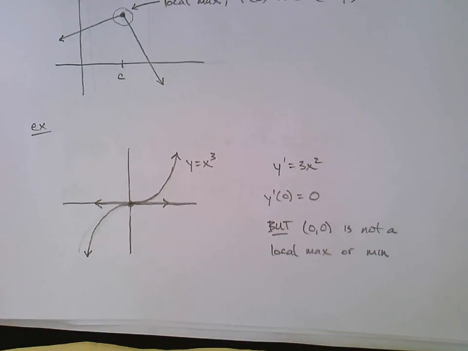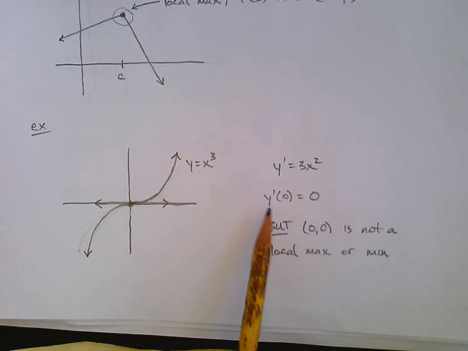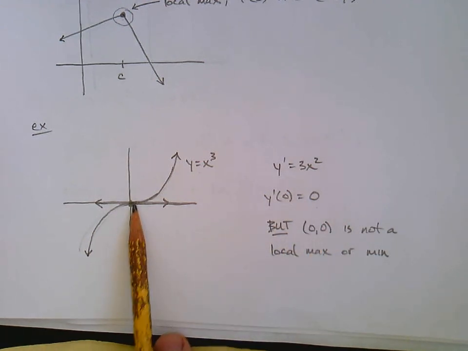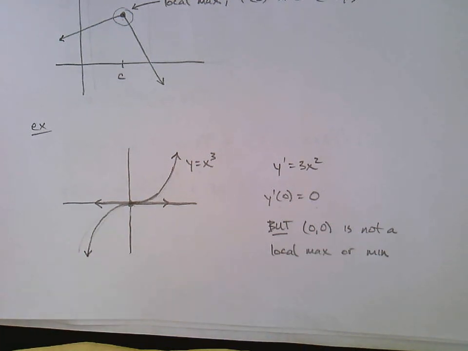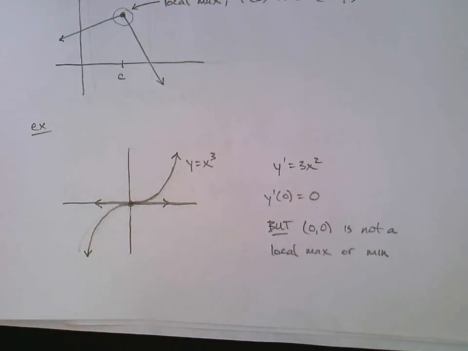You think, okay, big deal. So what? You got a horizontal tangent line there. The derivative there equals 0. However, the point 0, 0 is not a local max or a min. That's not a max or min, right? Yet, the tangent line is horizontal.